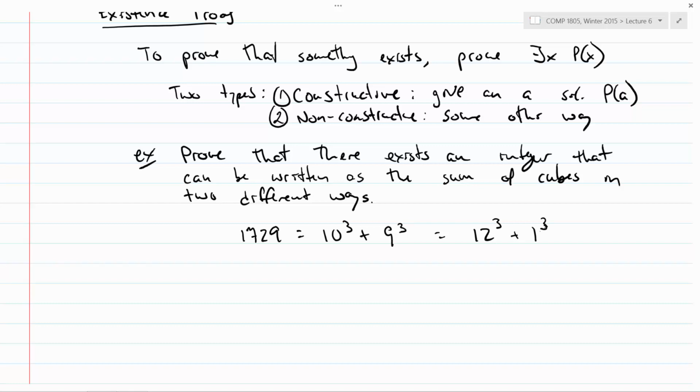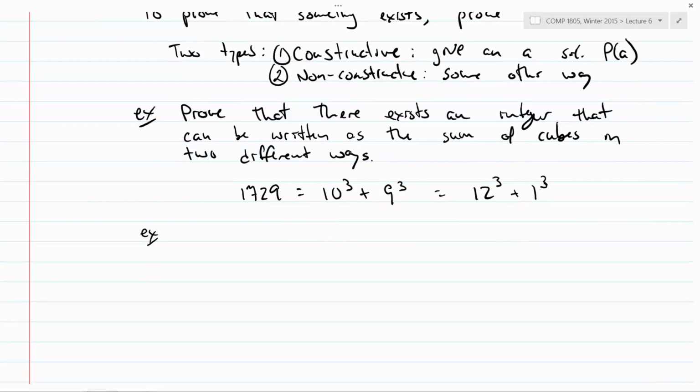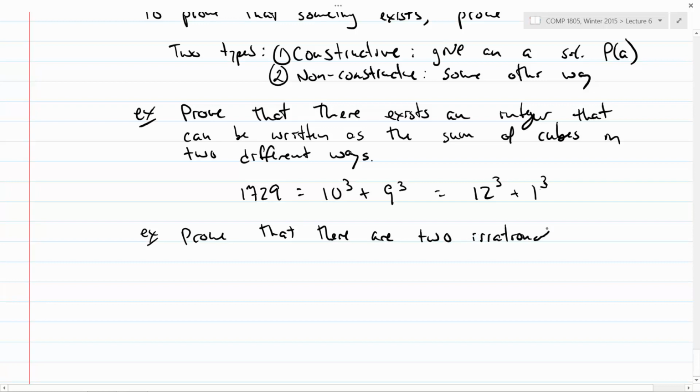Here's another example of a non-constructive proof, which a lot of people think is a really strange thing, and I guess it is. So prove that there are two irrational numbers, x and y, such that x to the y is rational.